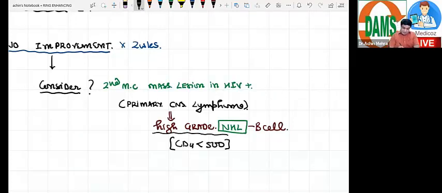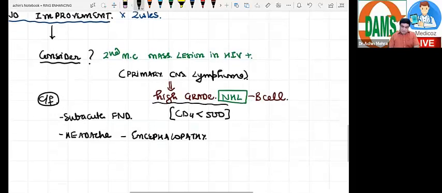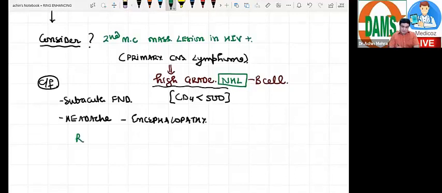Now the clinical features in these patients would be a subacute focal neurological deficit along with headache, and of course encephalopathy. So the ideal treatment that we can offer these patients would be steroids. Steroids are given because they mimic toxoplasmosis sometimes, and basically the problem in them is that they've got a significant cerebral edema.